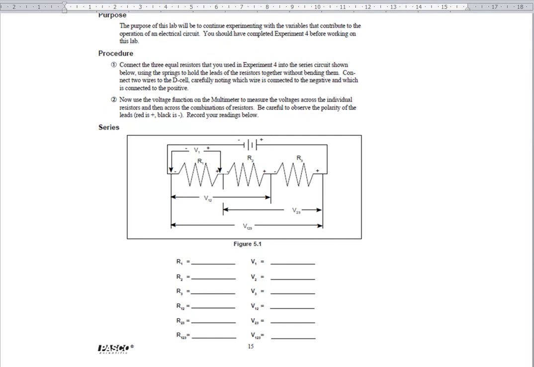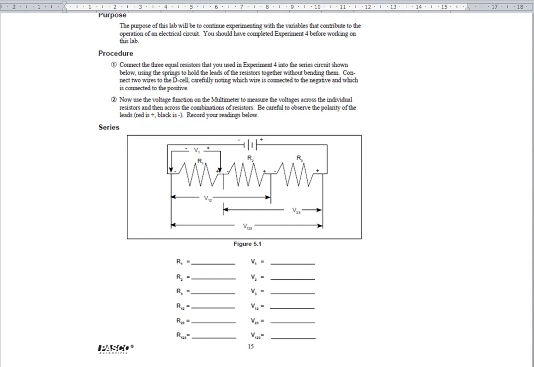Also, these 3 resistors are connected in series. Now, with this connection in series, you need also to find the values of V1, V2, V3. V1 is the voltage across R1, V2 is the voltage across R2, V3 is the voltage across R3.